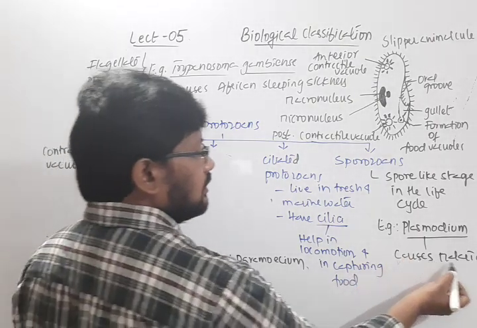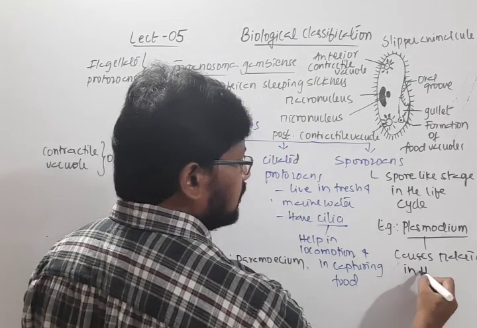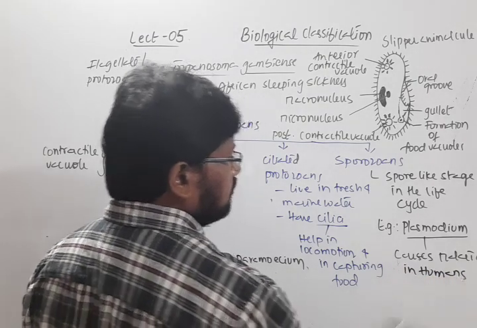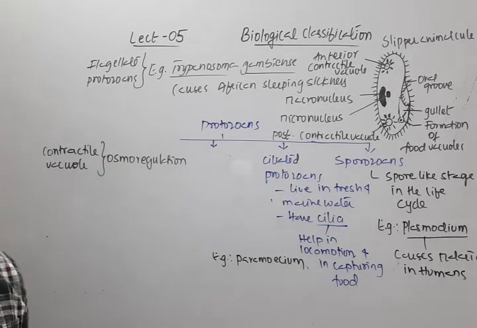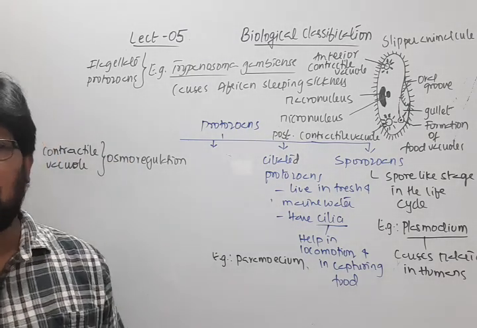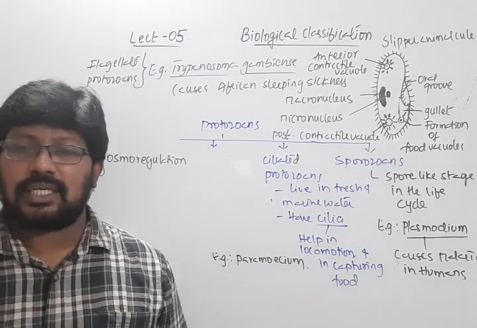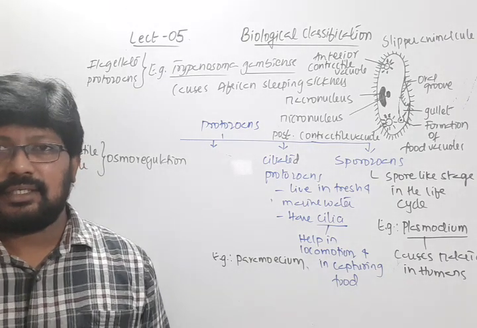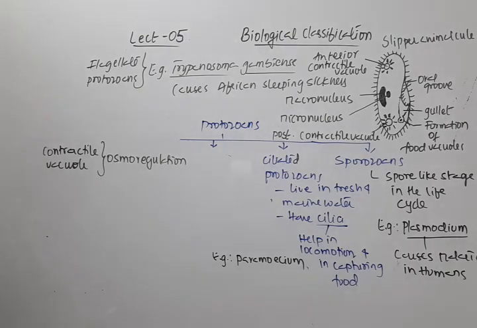Plasmodium causes malaria in humans. The complete life cycle of malaria and all that we will discuss in the second year's human health and diseases. So with that we finish the protozoans under kingdom Protista.